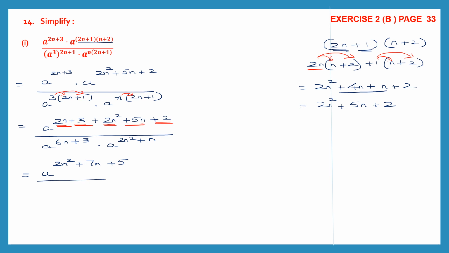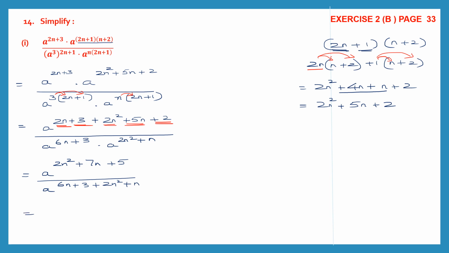Now here in the base, what do we have? A raised to the power of... now again it's multiplication, so we can add up the powers. So here it becomes 6n plus 3 plus 2n square plus n.